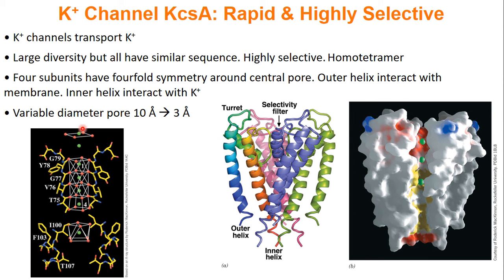If any other charged ion like sodium or magnesium tries to go by, either the diameter would be too different or the charges would be too different. A negative charge will not go near these oxygens. Something neutral will not interact with the oxygens as well. So we're making sure only potassium goes through this channel.